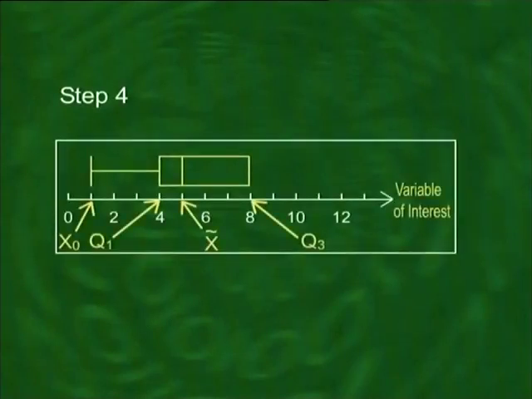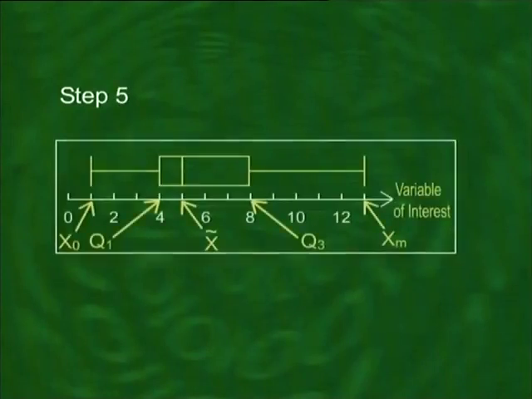the median. Next, a line, that is a whisker, is extended from the left end of the box to a point that aligns with x naught, the smallest measurement in our data set.